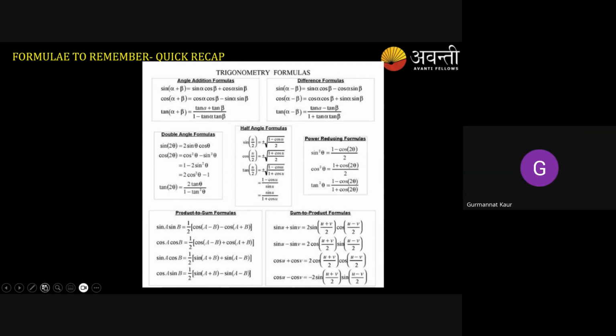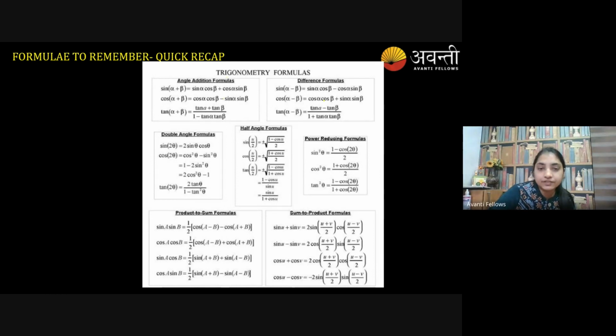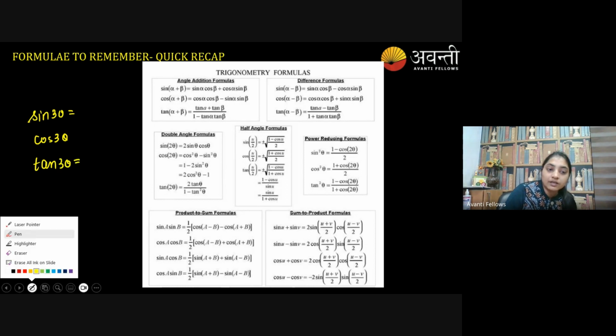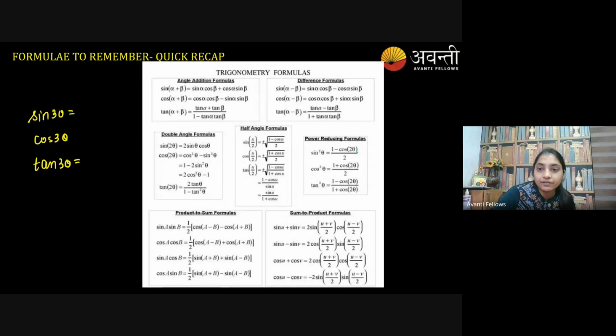So we have some addition and difference formulas, then double angle and half angle formulas, then triple angle formulas as well that we have learned: sin 3 theta equals, cos 3 theta equals, tan 3 theta equals. In addition to that, we have some special formulas that we learned, how to convert sin square into cos 2 theta, how to convert cos square into cos 2 theta.